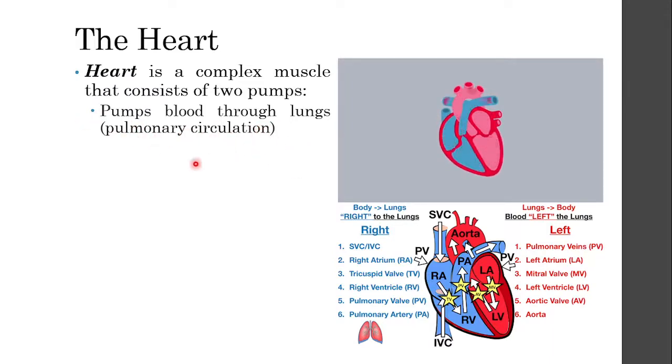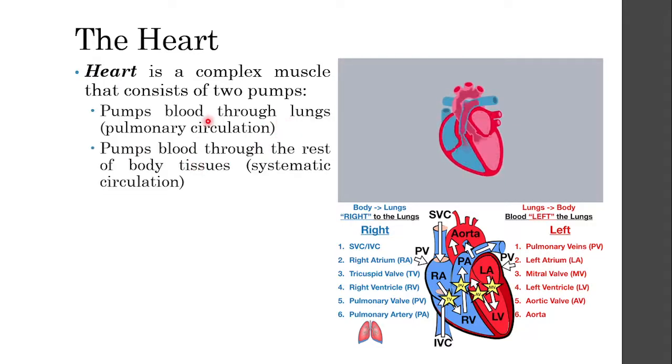So every time I talk about the pulmonary circulation, it is the network wherein the heart pumps blood to our lungs. So from heart to lungs. And then we also have what we call the systemic circulation, wherein the heart pumps blood through the rest of our body. So to our limbs, our head, arms, legs, and everywhere in our body, our internal organs, our skeletal muscles, etc. This is the systemic circulation.